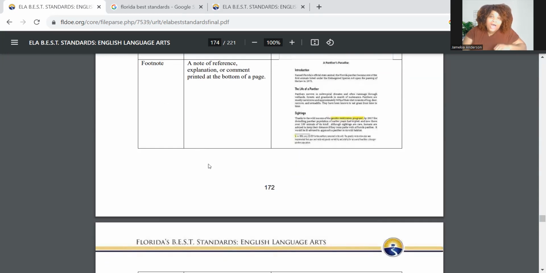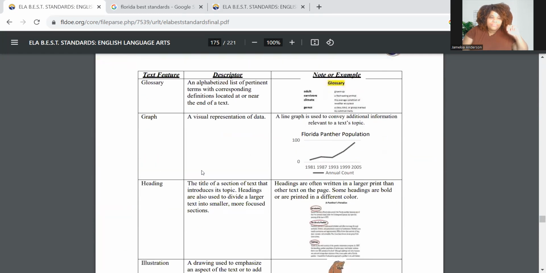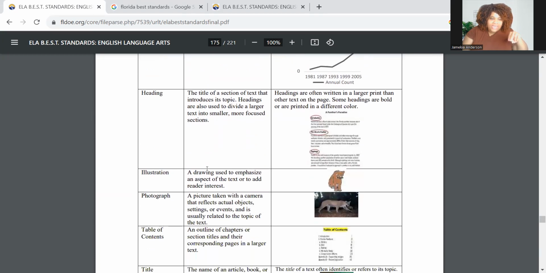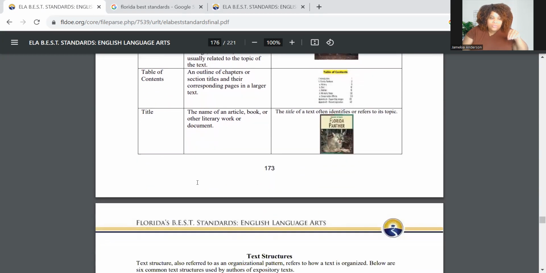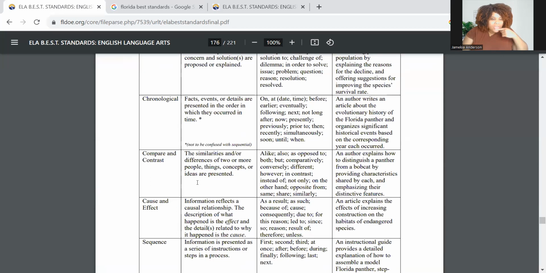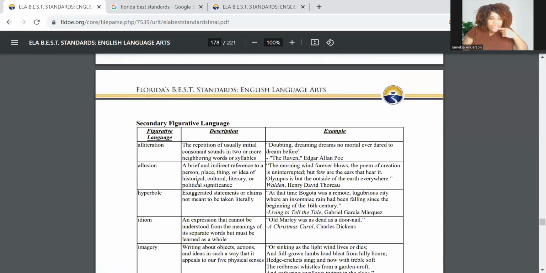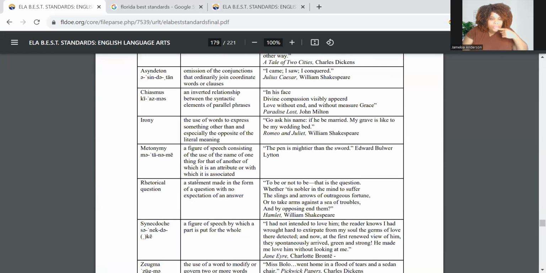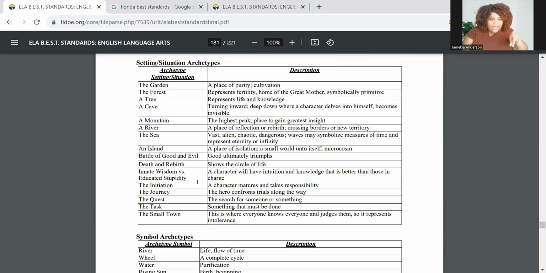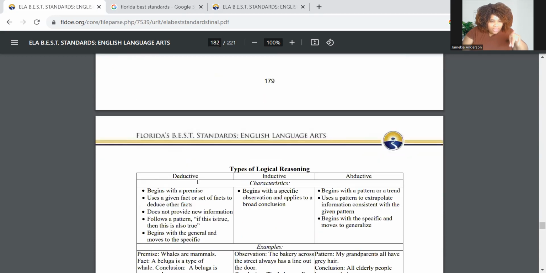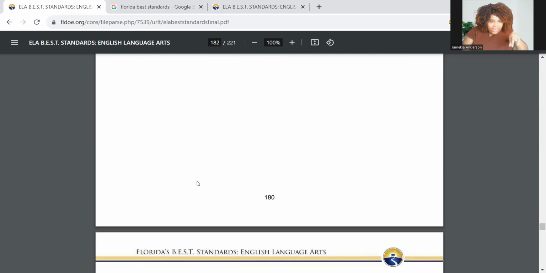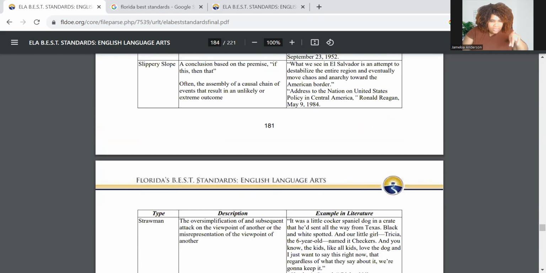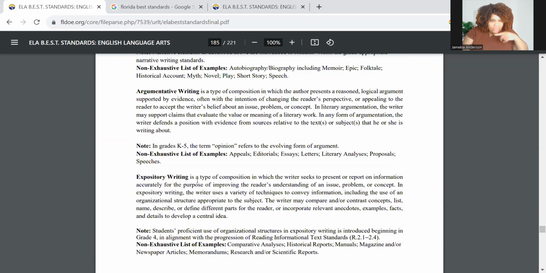Maybe you can do a third column in your documentation where you talk to students about things that show up in both. Here you have your glossaries, graphs, headings, all of these things can be included. But what I was looking for was the error I was talking to you guys about, and it should be here as well.